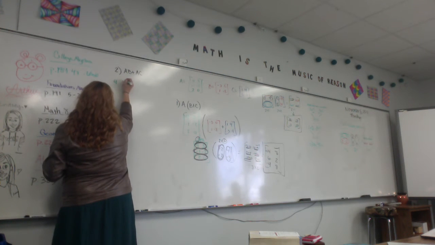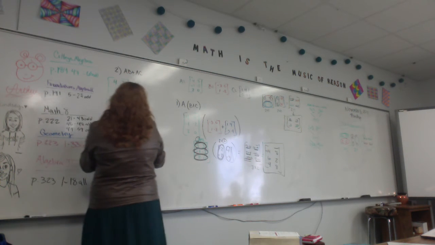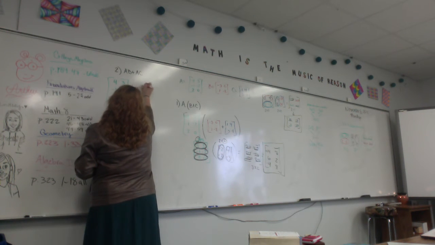So I have 4, 3, negative 1, negative 2, 2, 0. I'm going to multiply that by negative 3, 0, 1, negative 2.